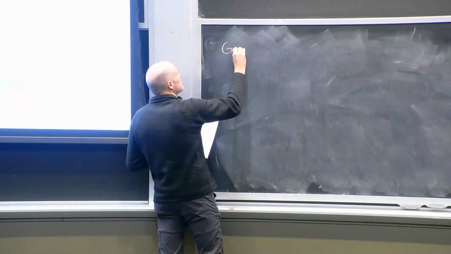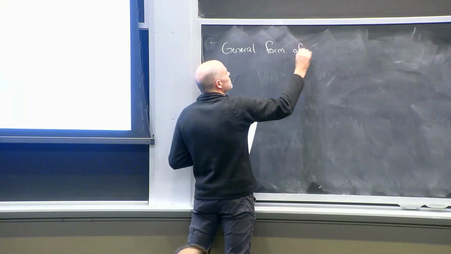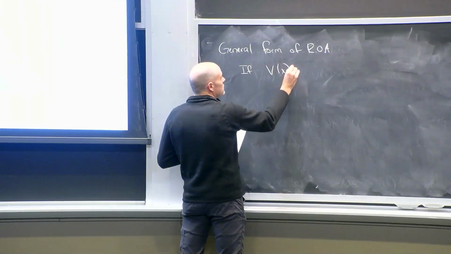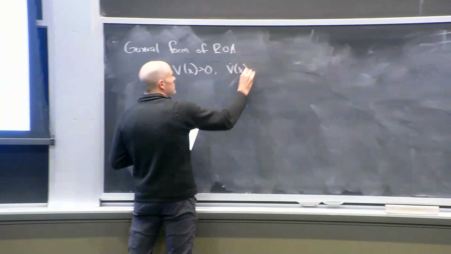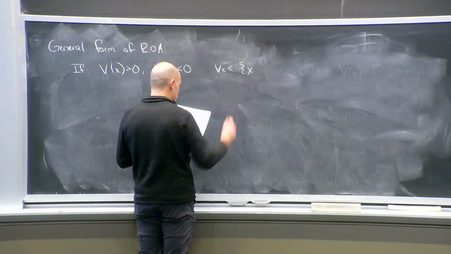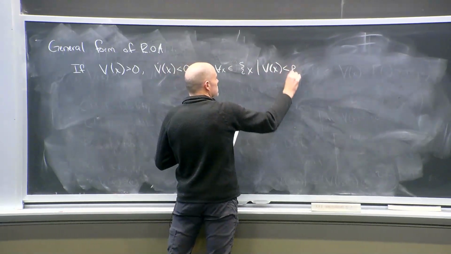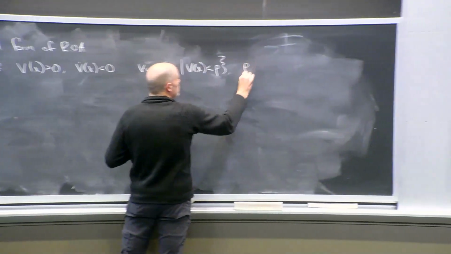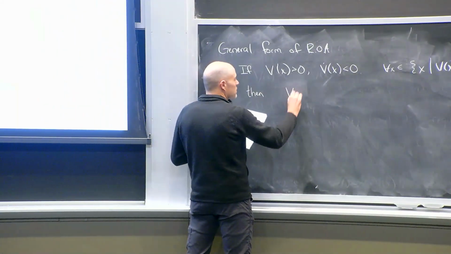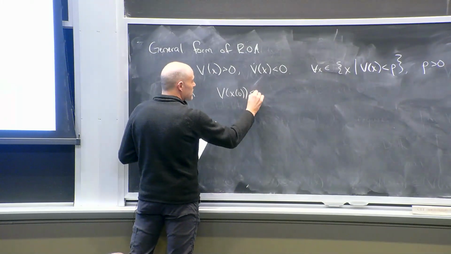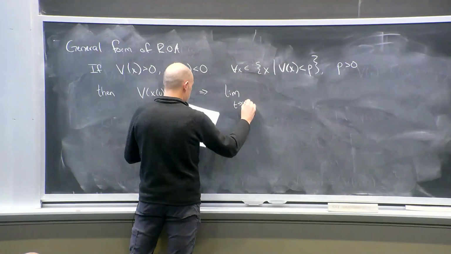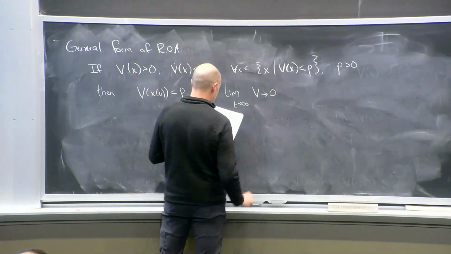The general form of that is: if I have a V of x greater than 0, V dot of x less than 0, for all x in some sublevel set, where rho is a positive number, then for initial conditions that are inside that sublevel set, it implies that as time goes to infinity, V goes to 0, yeah?